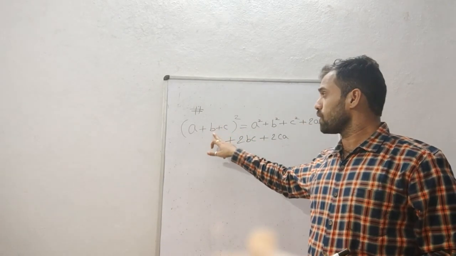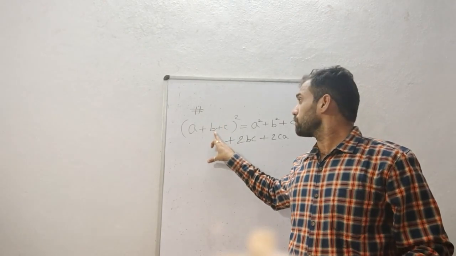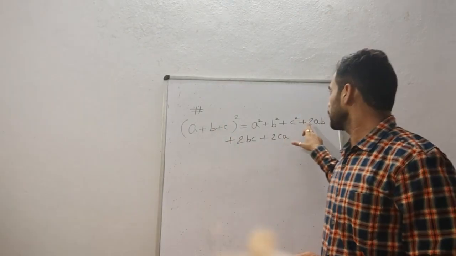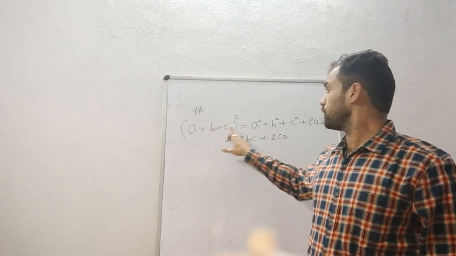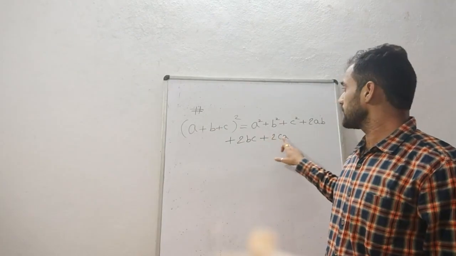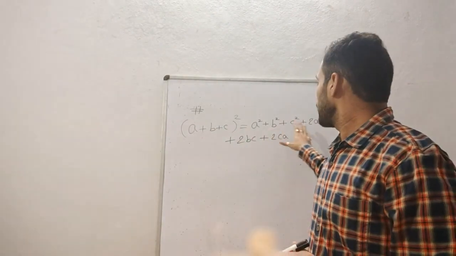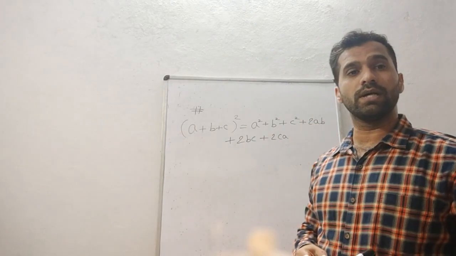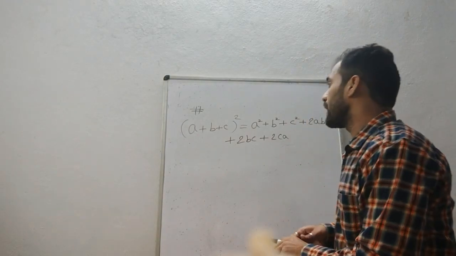If we have a negative value of b, we will put minus 2ab and minus 2bc. If we have a negative c value, we will put minus 2bc and minus 2ca. So wherever we have a negative value, in place of the positive value we will put the negative value. We will understand it by the questions also.